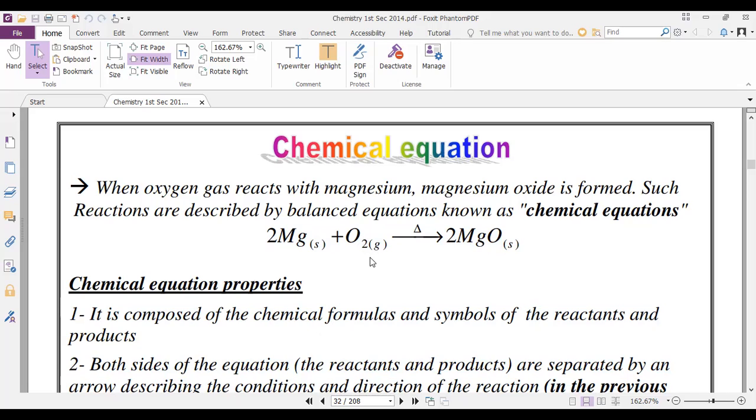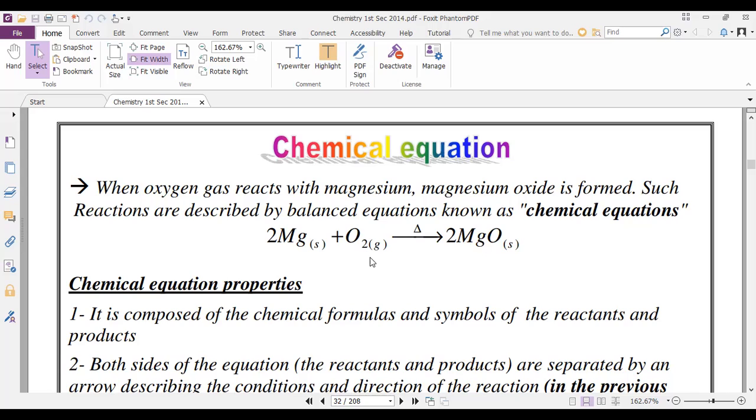What's meant by 2? Can you answer me, Mariam? Number of atoms. Yes, number of atoms in oxygen as O2; it means 2 oxygen atoms.